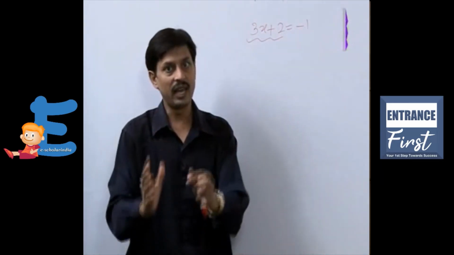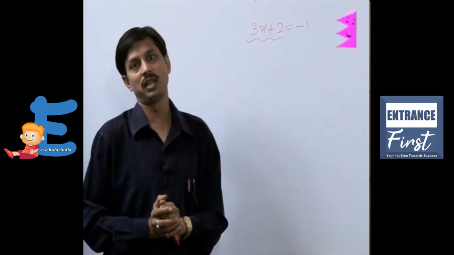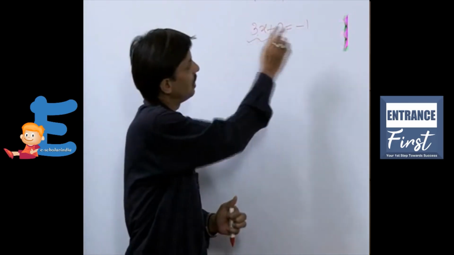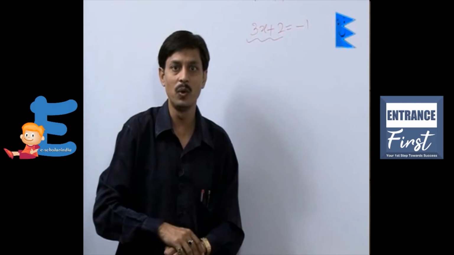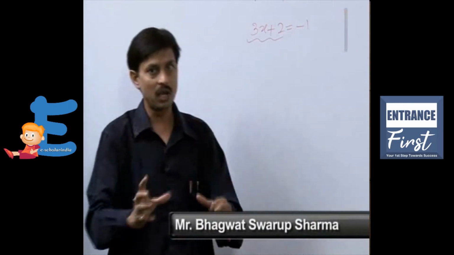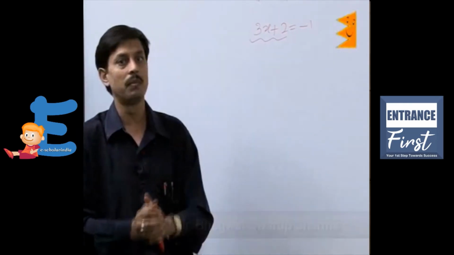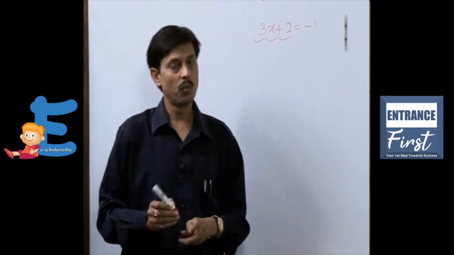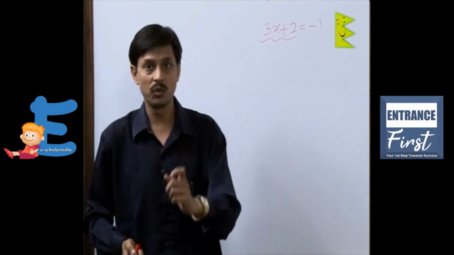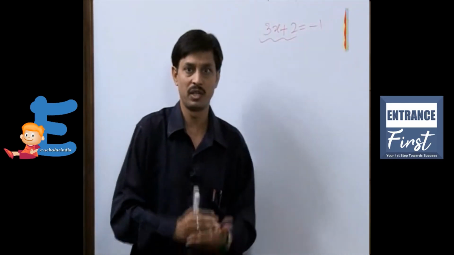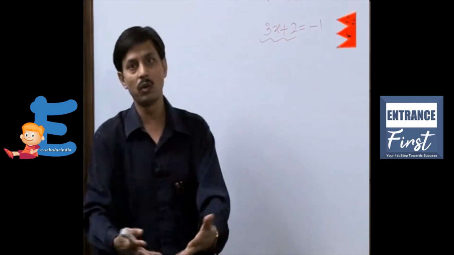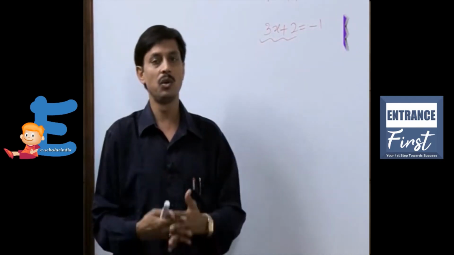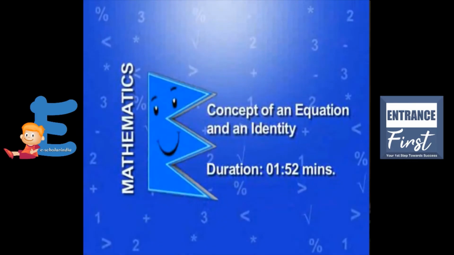So when any algebraic expression is equated to a particular value, it becomes an equation. One must know that an equation is an algebraic expression equated to a particular value.